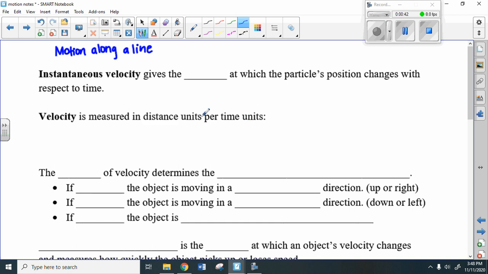So just real quick, instantaneous velocity. Remember, that's the velocity at a specific point. You get that by taking the derivative of the position, and remember it gives you a rate, right? And it's a rate at which the position changes.